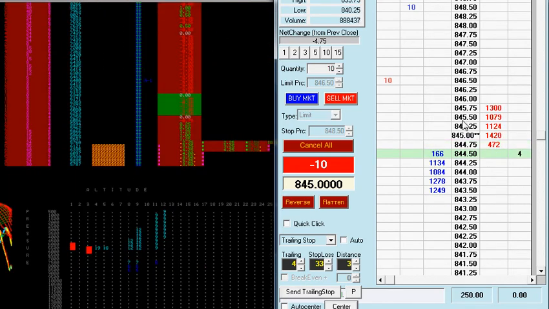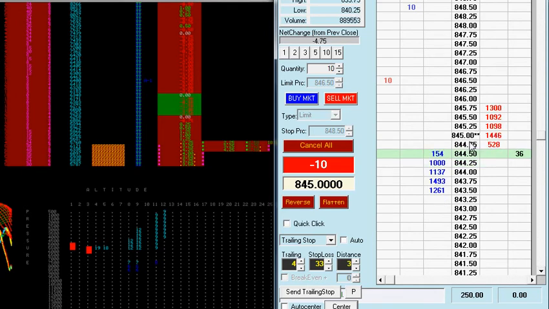Now, for those of you that have watched a few videos, you may have heard me say this once or twice before, but for anybody that hasn't, this level of support right here, where you see allotments of 1,000 stacked one after the other, or rather more than 1,000 stacked one after the other, does not necessarily mean that the market won't move downward. Or if we were moving upward, these allotments here on the right side wouldn't mean that the market couldn't move upward.